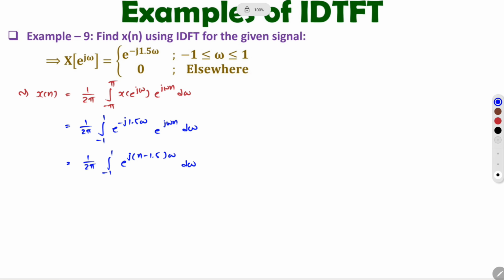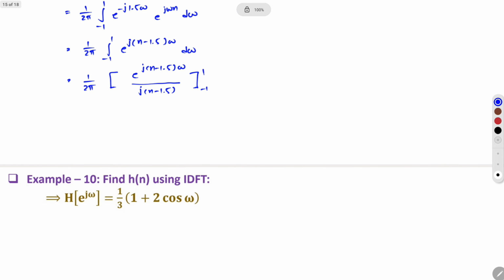Now we can simply integrate this. We have e to the power j (n minus 1.5) omega, so the integration is e to the power j (n minus 1.5) omega, divided by j (n minus 1.5), with limits from minus 1 to plus 1. Now we simplify this.